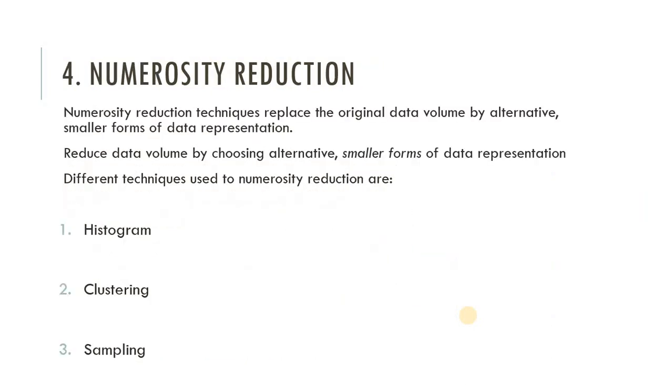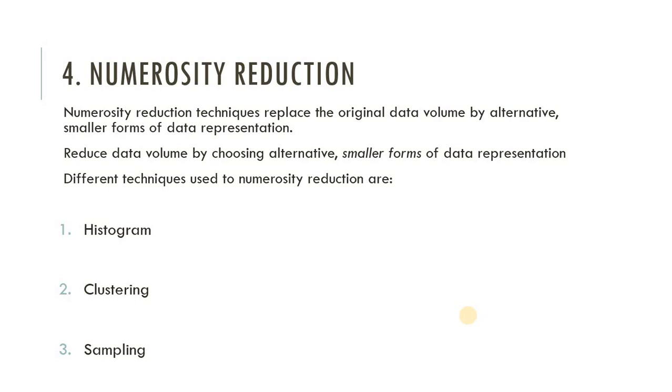The fourth technique is numerosity reduction. The numerosity reduction technique replaces the original data volume by alternative smaller forms of data representation. It means we have data, and we replace that data with some alternative data forms which are a smaller form of data representation. So that is numerosity reduction.